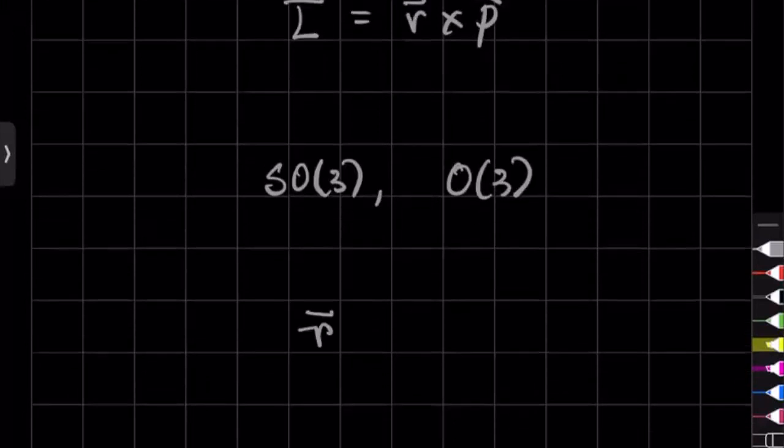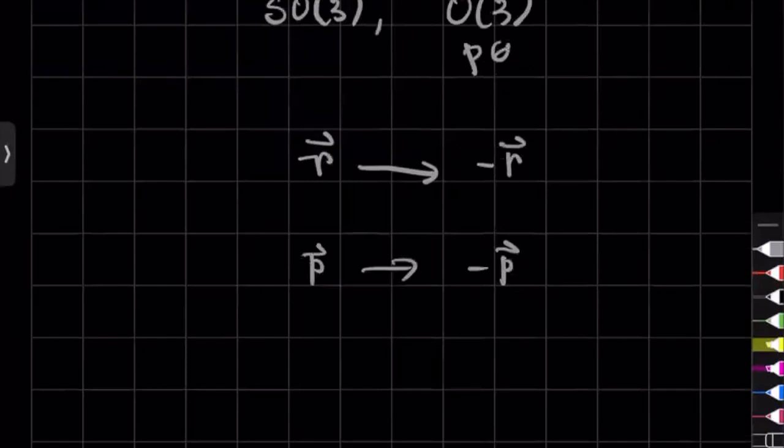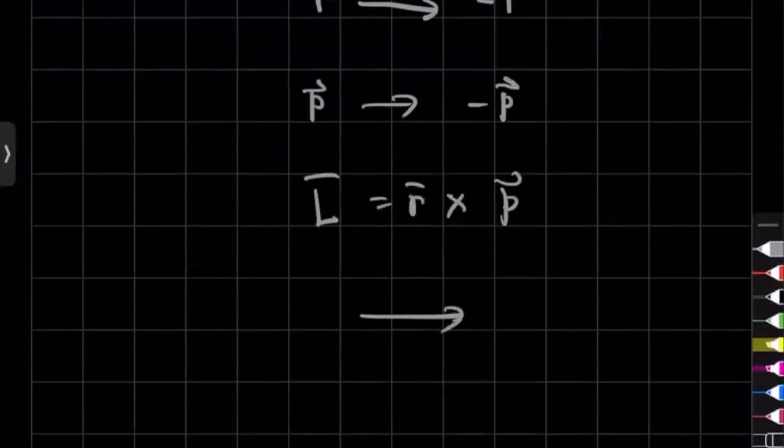If I take a parity transformation, which is in O3 but not in SO3, then R goes to minus R and P goes to minus P. But because L is R cross P, this actually does not flip sign under parity.